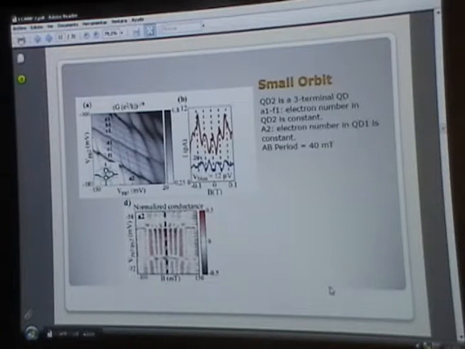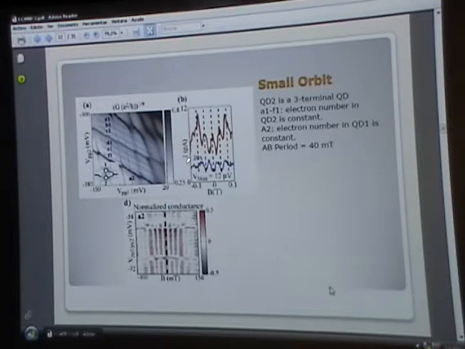For the small orbit, the different plunger gates allow you to open this channel, or actually to pinch it off. So one has only half of the circle, which should be the small orbit, and again one can measure the conductance as a function of the two plunger gates.